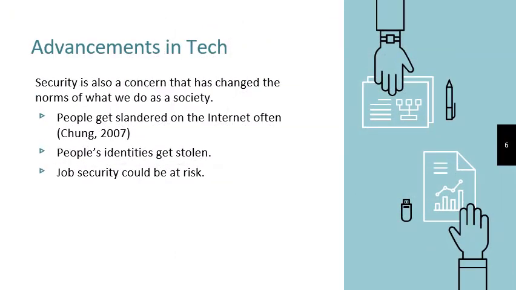Because of how people are anonymous on the internet, or can be if they choose to, they can get away with a lot of public shaming or slanderous type things that get people in trouble, can lose people their jobs, or they can do things to themselves that get them to lose their jobs. We all know the story of the teacher, I think she was in New Jersey or something, where she got fired because she had a red solo cup in her hand, and commonly those cups are used with alcohol.